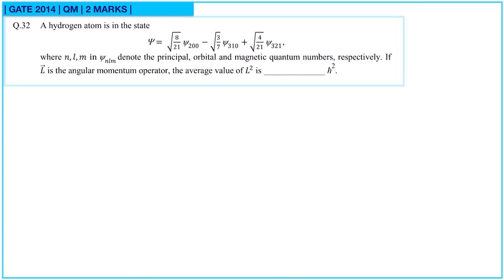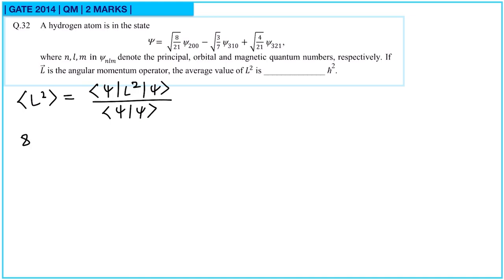If L bar is the angular momentum operator, the average value of L square is. Now, the average value of L square is equal to psi L square psi upon psi psi. Now, we can directly write and then check. So, L square will be operated on this.